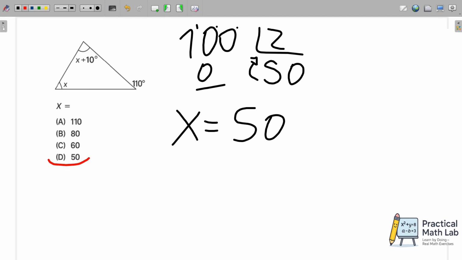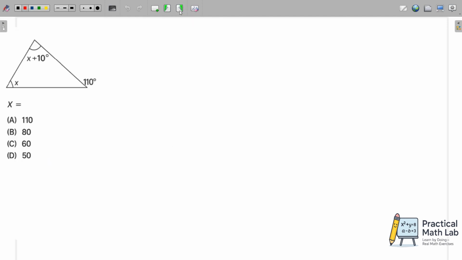Now, let's solve it another way, the second method, which is the exterior angle theorem, which says the exterior angle of a triangle is equal to the sum of the non-adjacent interior angles. So what does that mean? The exterior angle of a triangle is equal to the sum of the non-adjacent interior angles, the sum of these two here, the non-adjacent ones, okay?